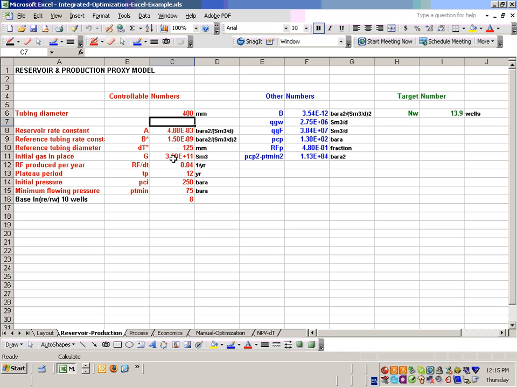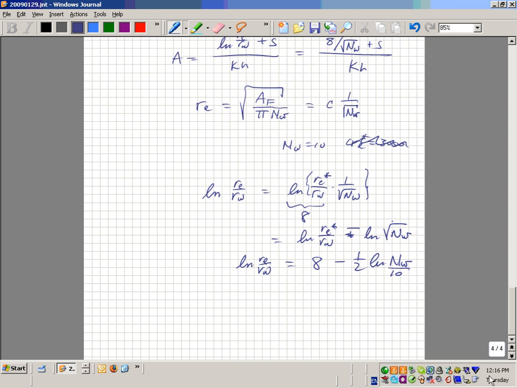If we change that to 10, you see it does change A for the 10,000 wells, but A doesn't change by much at all, a factor of 50% between 15 wells and 10,000 wells. So it's obviously not a real first order effect, because it comes inside this logarithm here.